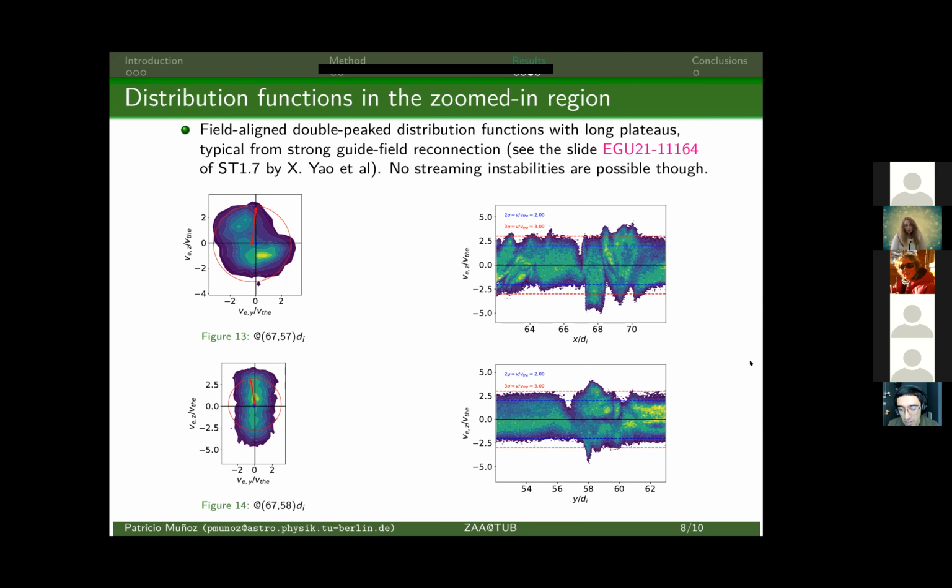The right panel simply shows the phase space structure in the out-of-plane direction, X and Y, in the neighborhood of those distribution functions. That shows how those reduced one-dimensional distribution functions vary depending on the X or Y direction.